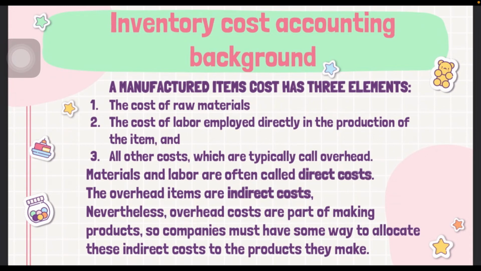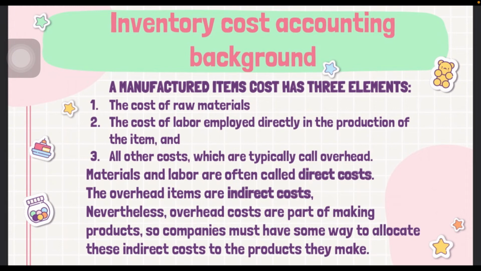Suppose that Fitter used this approach and calculated its overhead rate at $1,000 per machine hour. If Fitter can make 10,000 bars in an hour, then each bar would be allocated $0.10 of overhead, because 1,000 divided by 10,000 bars is equal to 0.10.